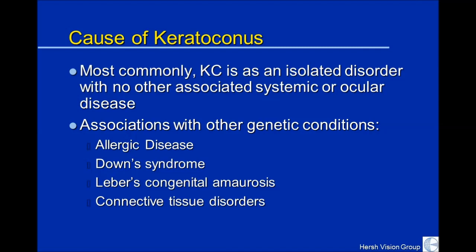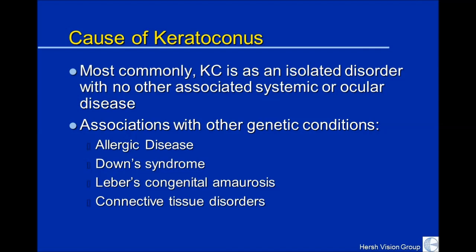Now, typically, KC is not really associated with other problems. It typically is an isolated disorder of your eye and particularly of your cornea. There are some associations with other conditions, in particular allergic diseases. So many people with keratoconus also have both ocular allergies and systemic allergies.